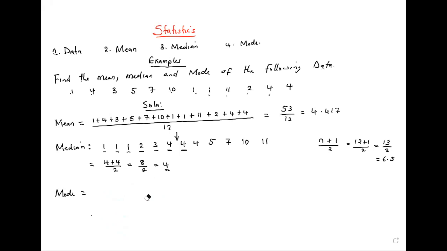So we have 2 modes here, 1 and 4. If it was alone, you just say 4 or 1. But now there are 2.